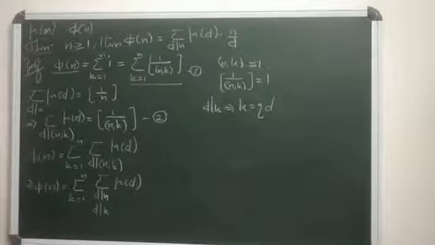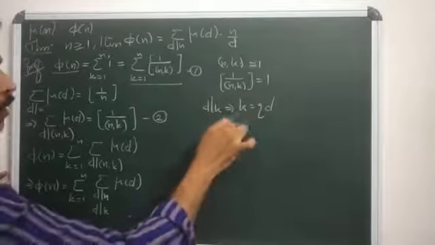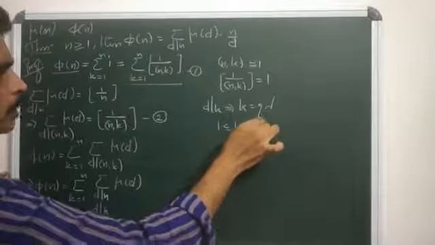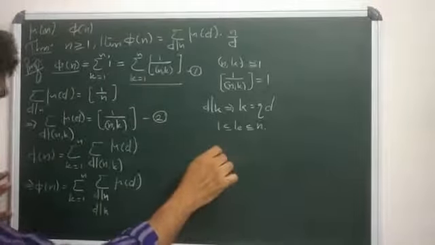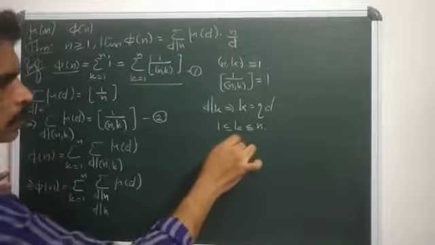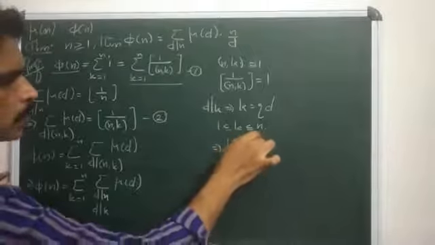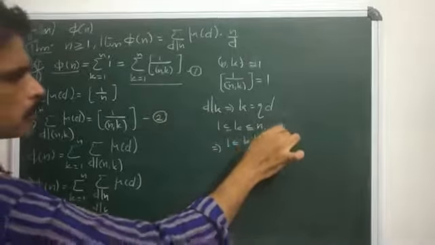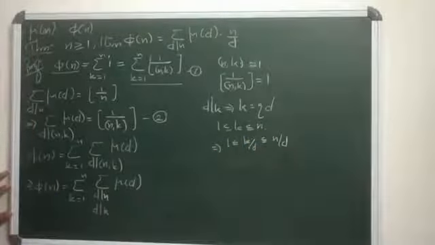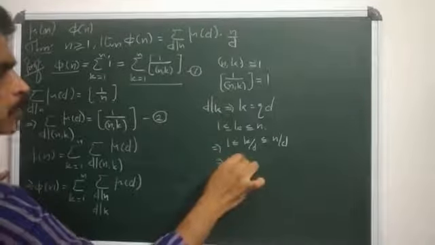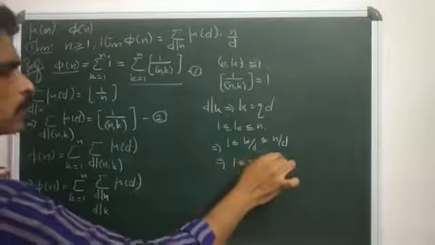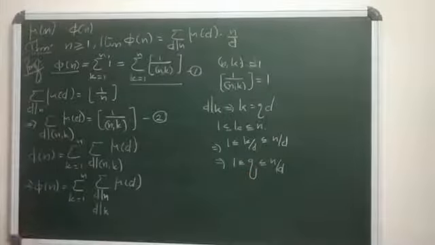Agreed? k equals q into d, where k ranges from 1 to n. Therefore, 1 is less than or equal to k by d, which is less than or equal to n by d. What is k by d? That is q. That means 1 is less than or equal to q, less than or equal to n by d.